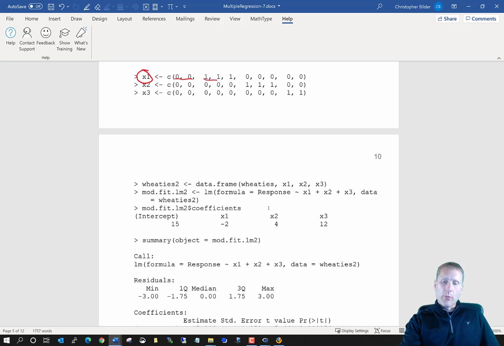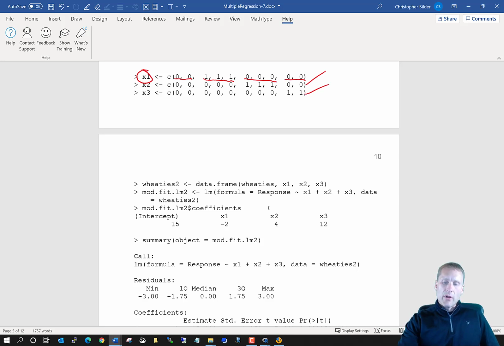The next 3 observations correspond to design number 2, and that's what x1 is representing, so x1 has to be a 1. The next 3 observations correspond to design 3, so we get zeros, and the last 2 observations are design type 4, so we have 0, 0. I do the same thing for x2, the same thing for x3.